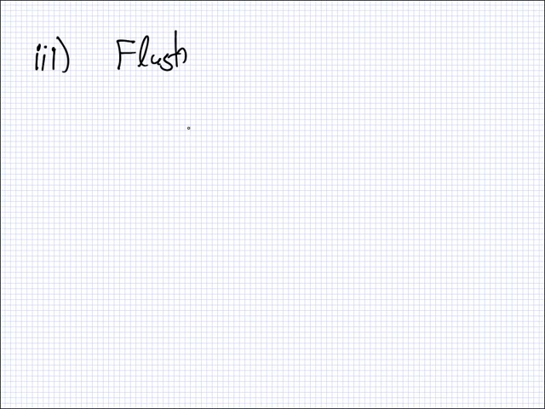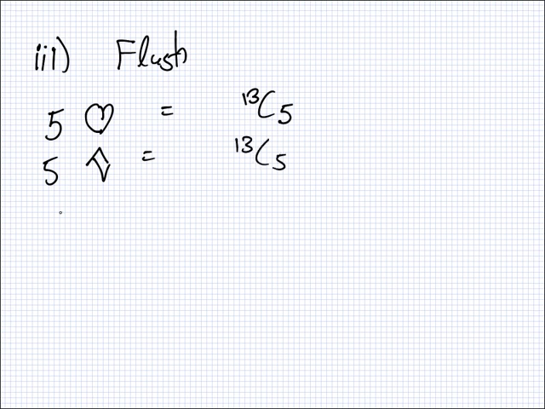Well, let's do 5 hearts. How many ways can you get 5 hearts? How many ways can you get 5 diamonds? It's the same, isn't it? And then the next 2 are the same.